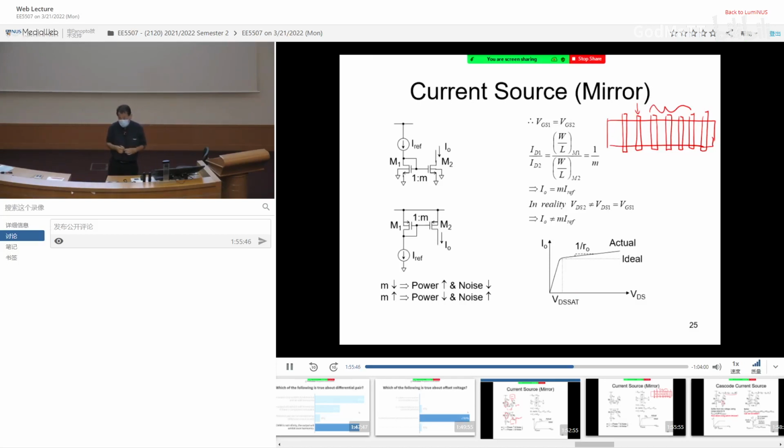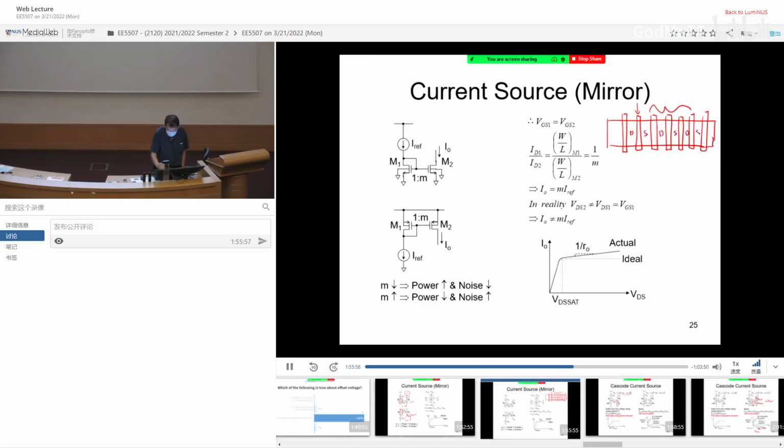That is the so-called dummy. So this would be something like source, drain, source, drain, source, drain. You use that, these 4 will be together, and this one is the other one. Then you try to make them match. That is actually better. Every single transistor will see the same surrounding, so they will have better matching.